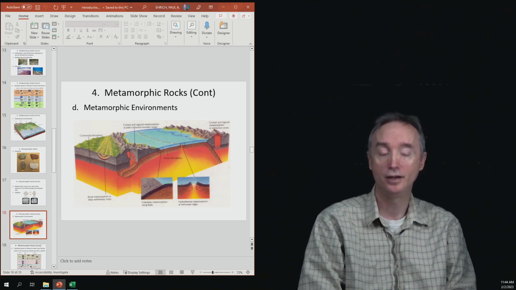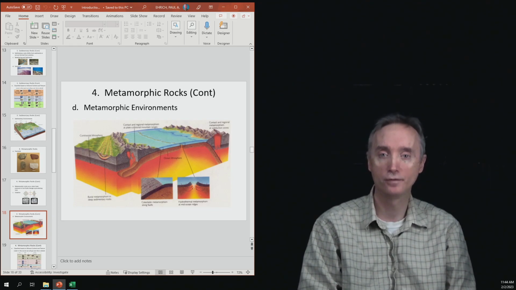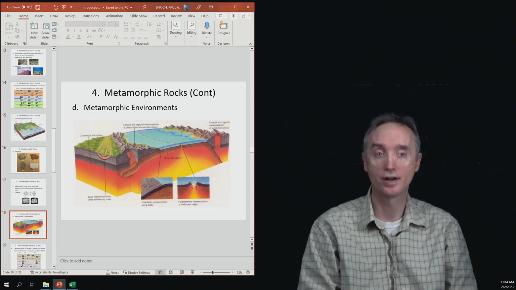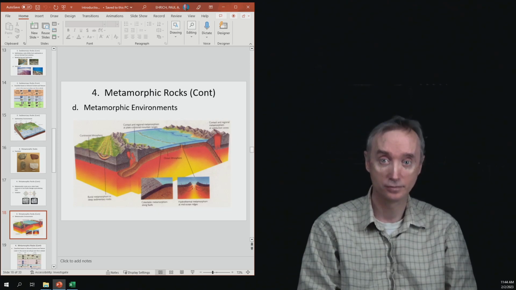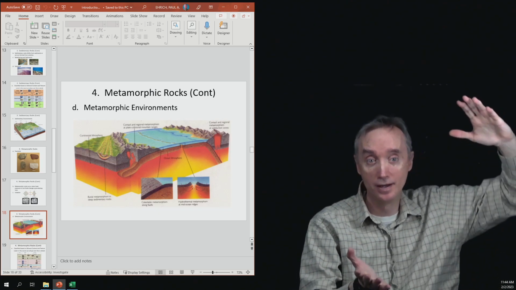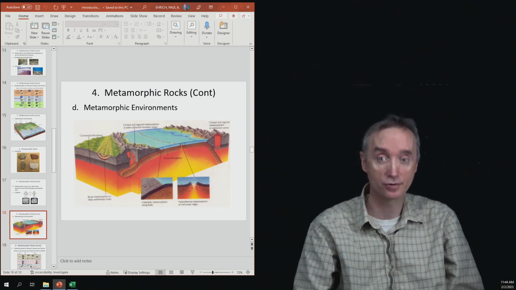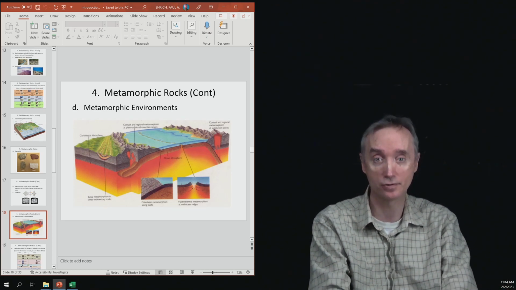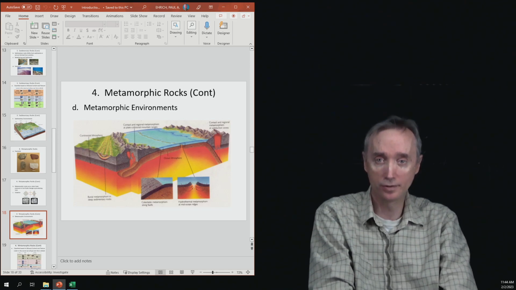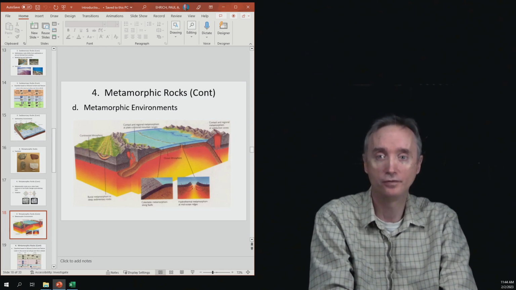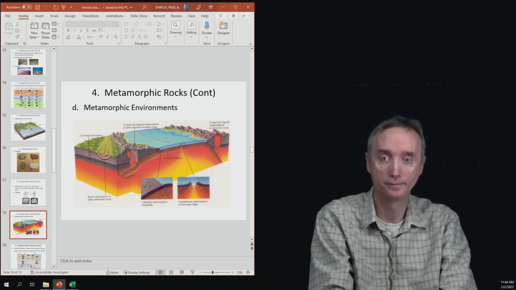And then finally, you can even have metamorphism as a result of an asteroid impact. Where an asteroid comes in and smacks the Earth, that produces extreme pressures, also extreme temperatures. So all of these are different places where you can find metamorphism occurring.